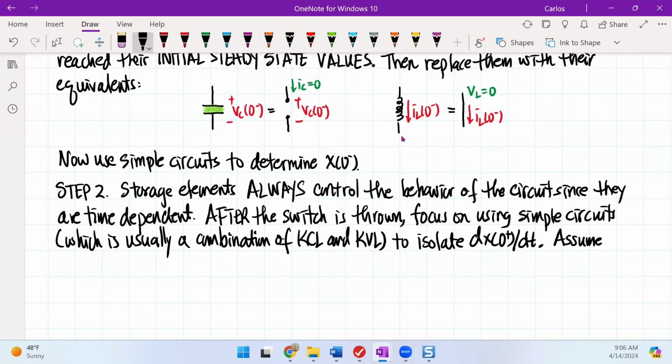Assume there are discontinuities with these variables.